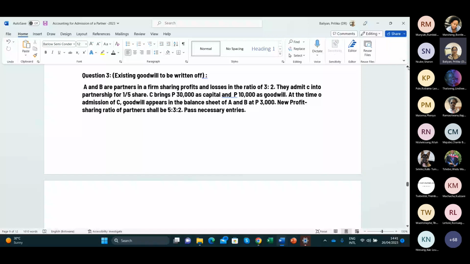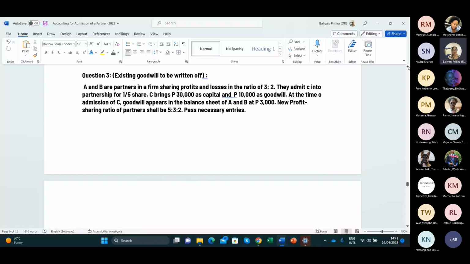At the time of admission of C, goodwill appears in the balance sheet of A and B at 3,000. The new profit sharing ratio of the partners shall be 5:3:2. Then pass the journal entries for the changes in the business.